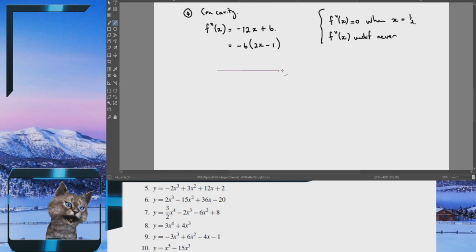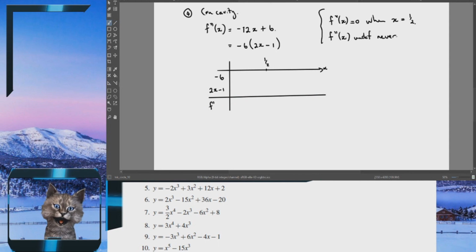Then I like to make a little table to see how the pieces interact. The only number that I'm going to mark off is 1/2, and I'm listing everything on the left. Together, they make my second derivative. So I have my x values split up into 2 intervals.